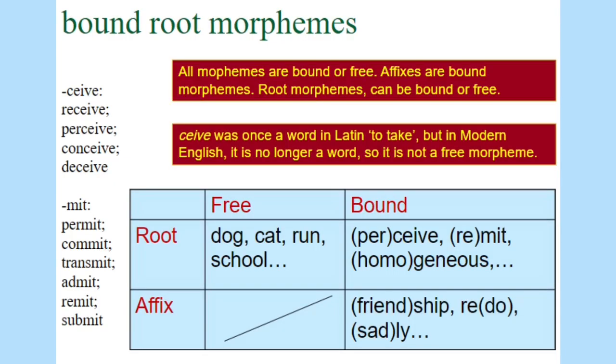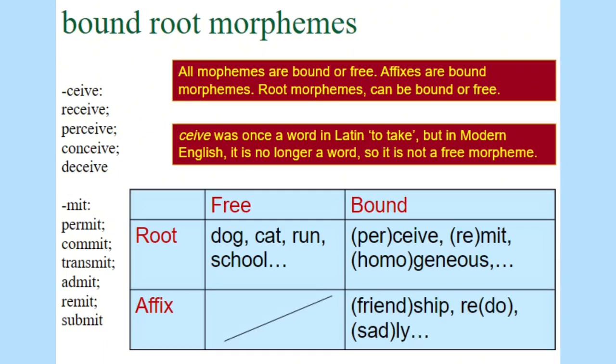Bound root morphemes. All morphemes are bound or free. Affixes are bound morphemes. Root morphemes can be bound or free. Now, in the word receive, ceive was once a word in Latin that meant to take. But in modern English, it is no longer a word, so it is not a free morpheme.